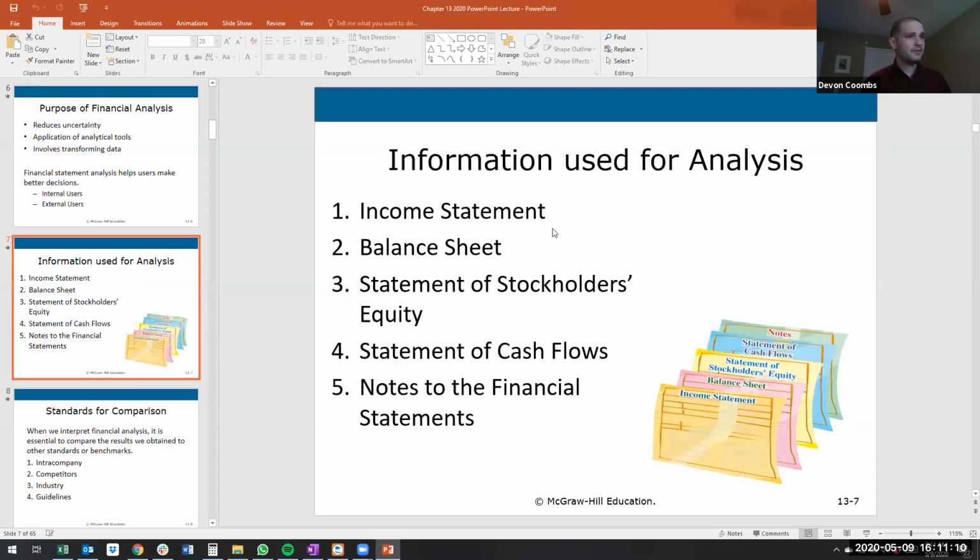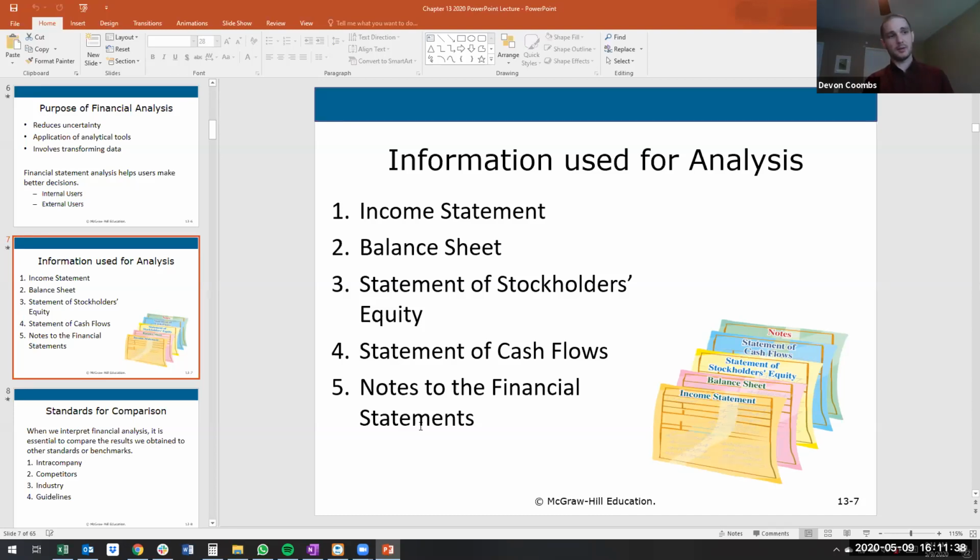Information used for analysis: generally the information we're going to use is purely the information generated from accountants, right? We're going to use our income statement, balance sheet, statement of stockholders' equity, the cash flows, and the notes to the financial statements, which is everything we've talked about how to prepare earlier in this class. That's why it's so important to understand accounting, so we know how the information was developed, so then we can assess it if you're in finance.